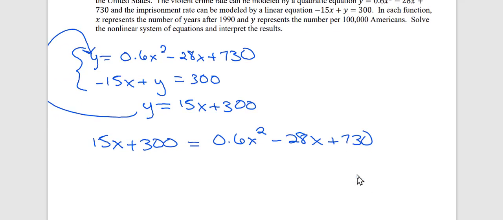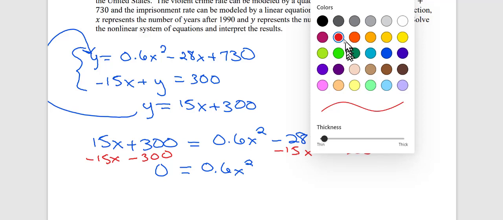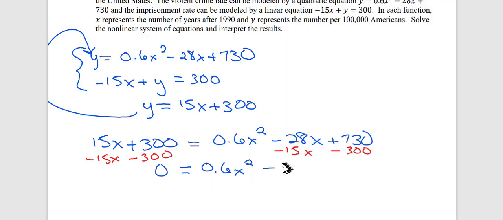Now I have a quadratic equation in just one variable, which I typically want set equal to 0. Let me subtract 15x from both sides, and subtract 300 from both sides. That gives me negative 43x plus 430.